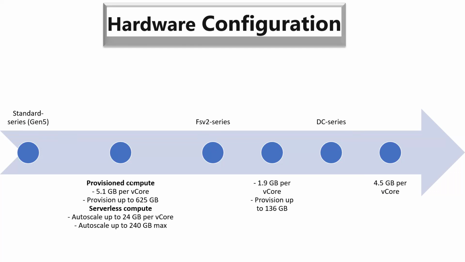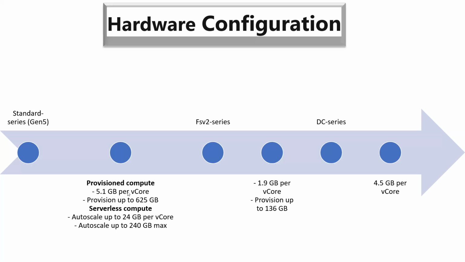We will see what this provisioned compute is. So 5.1 GB per vCore, up to 625 GB we can use. Here autoscale 24 GB per vCore in serverless option, maximum 240 GB we can use. That means the performance is also faster.